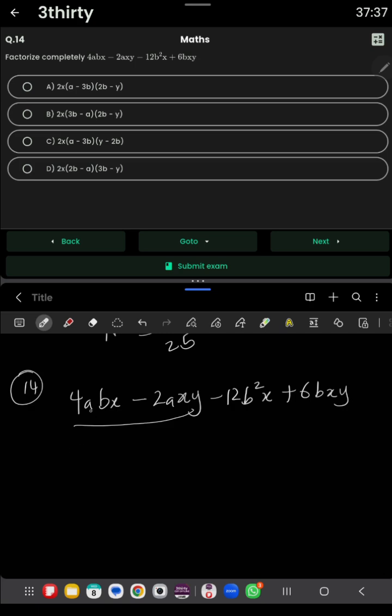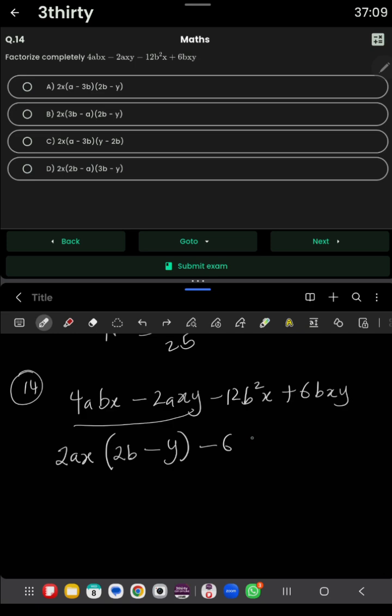The number 2 is common, and the letters a and x are common. So what would you have left here? You would have 2. There will be no more a, there will be no more x, so there will be a b. The minus, there will be no 2, there will be no a, there will be no x, there will be a y.